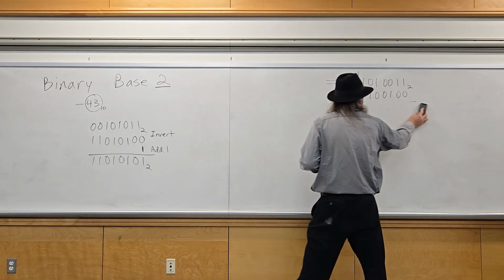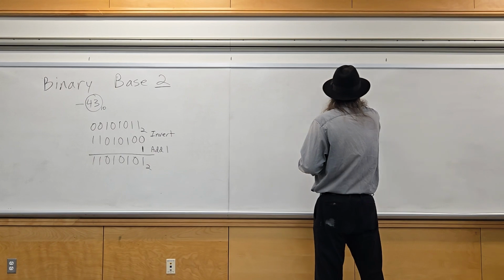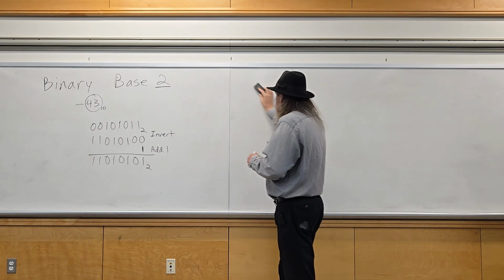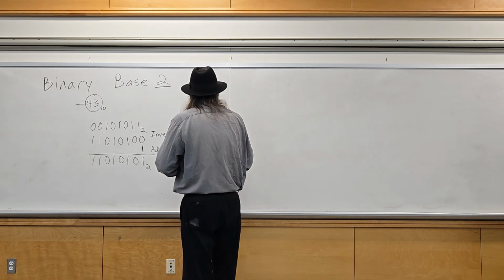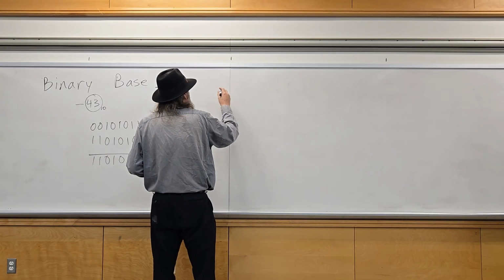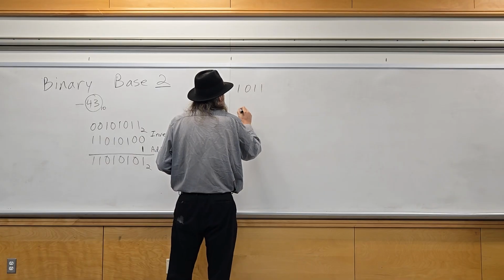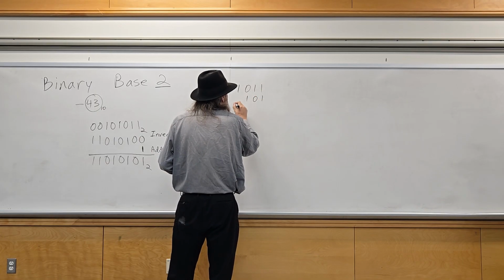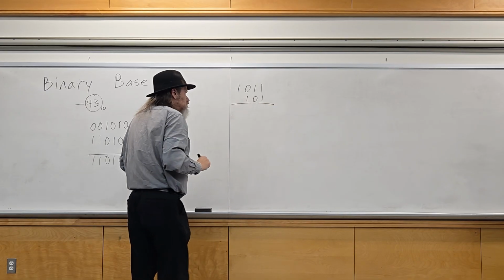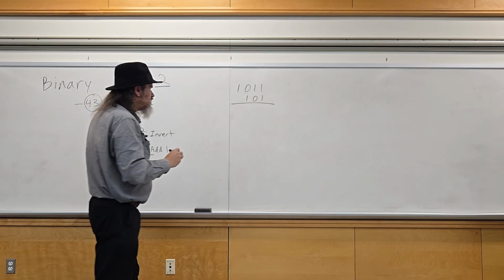All right, let's see here. So, say you have 1, 0, 1, 1, and 1, 0, 1. And you want to multiply.